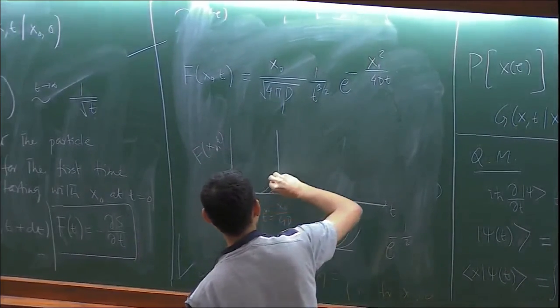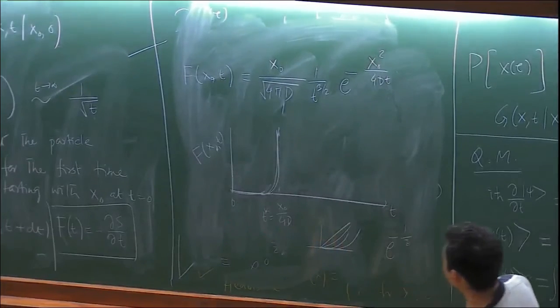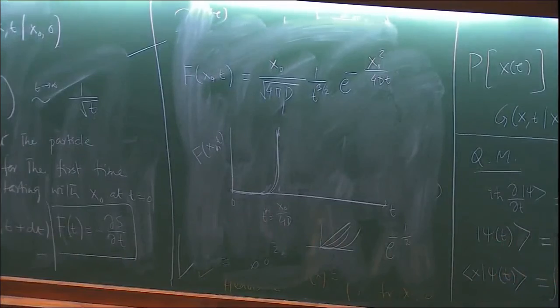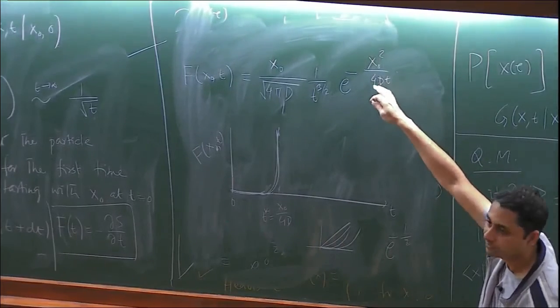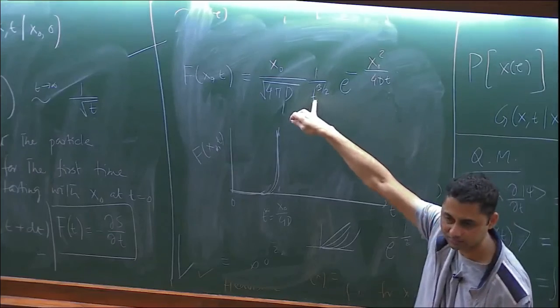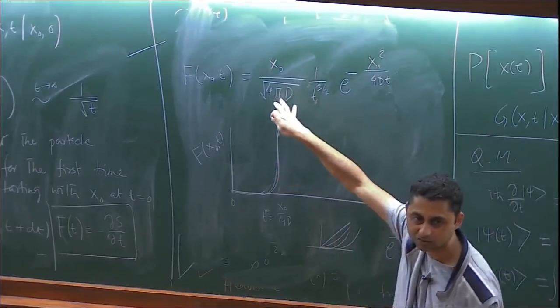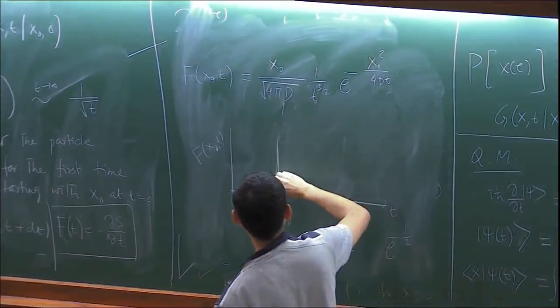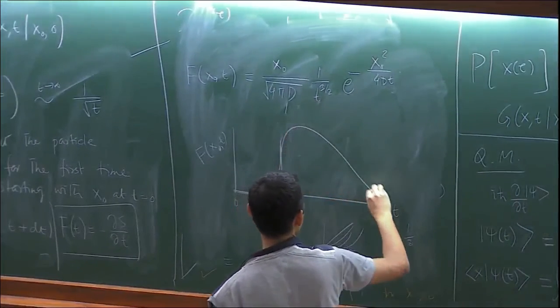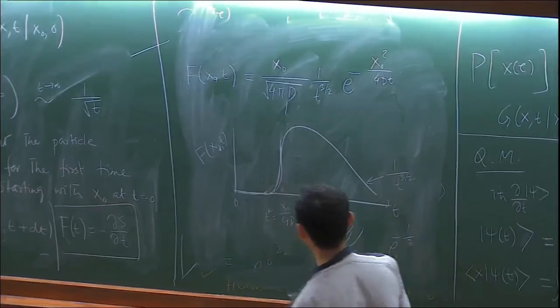And after some time this exponential term becomes 1, so then the other term takes over. What is the behavior of this one? This is just a power law, right? So it goes up and then it has a power law tail, going like 1 by t to the power 3 by 2.